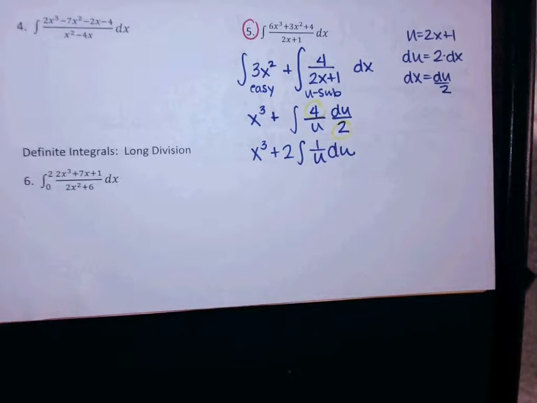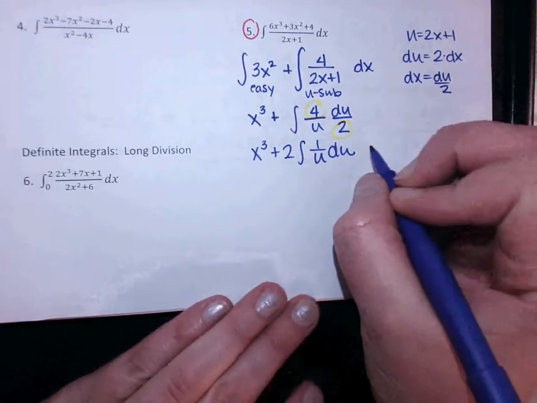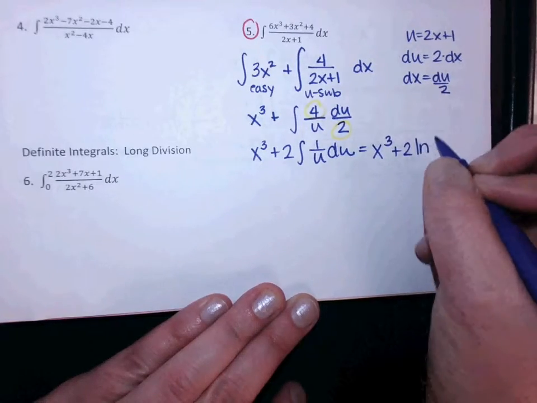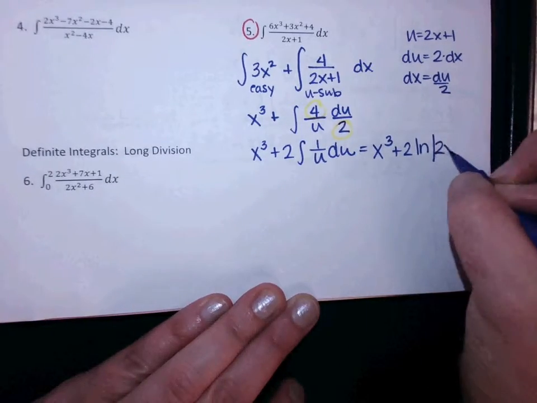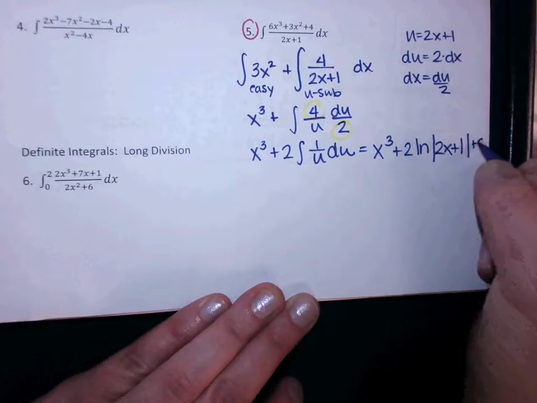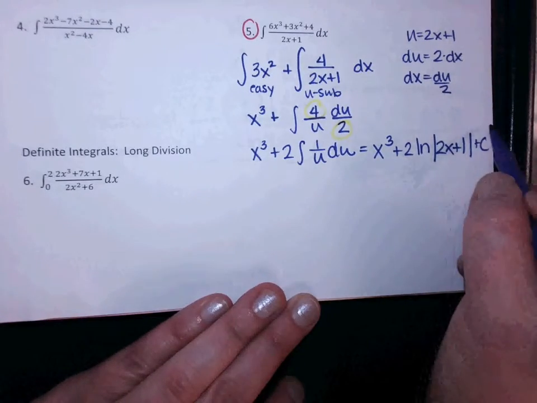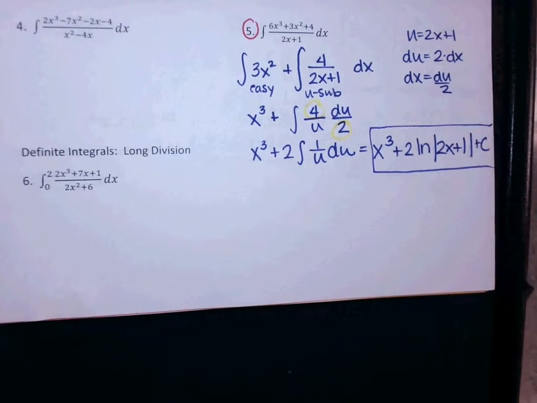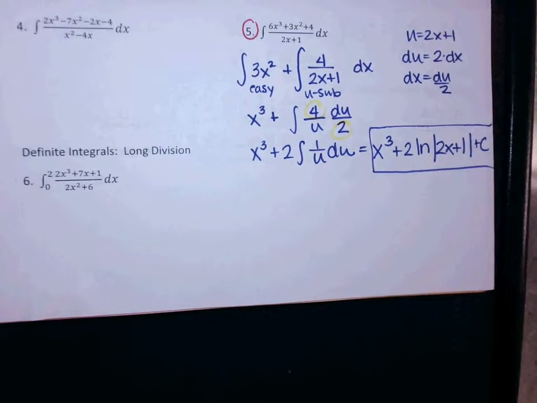And what is the antiderivative of 1 over u? Okay, so x cubed plus 2 ln absolute value 2x plus 1 plus c. Final answer. Got it?